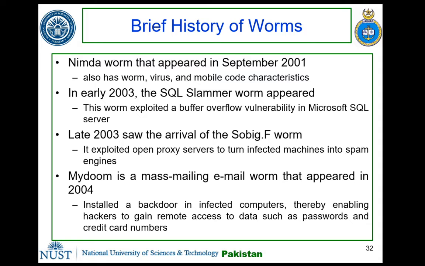It exploited open proxy servers to turn infected machines into spam engines. MyDoom is a mass mailing email worm that appeared in 2004. It installed a backdoor in infected computers, thereby enabling hackers to gain remote access to data such as passwords and credit card numbers.